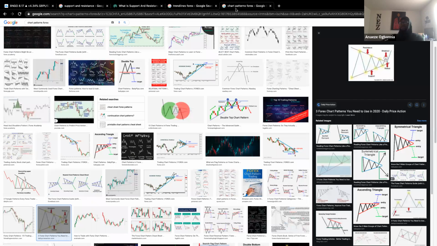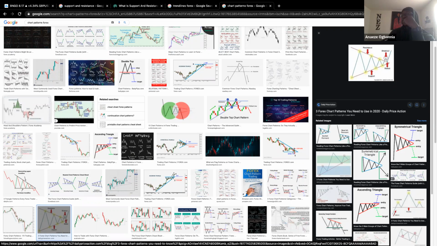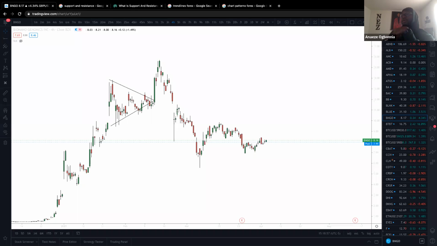I'm not going to go over every single one of them, but if I notice one, then I'm going to point it out. You're going to see head and shoulders, breakout wedges, bullish flags, bearish flags. That is something I'm probably going to point out to y'all a lot. But we will go from there.